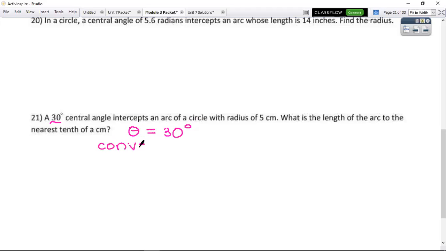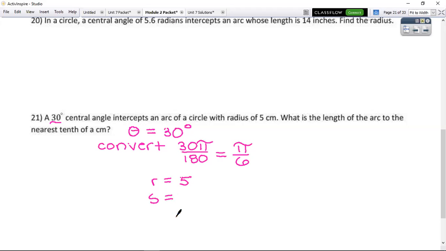So you're going to look at your formula sheet and you're going to do 30 times pi divided by 180. And this reduces down to pi over 6. And that is what you need to use in your formulas. All right, so now I'm good to go there. My radius is equal to 5. And S is unknown.